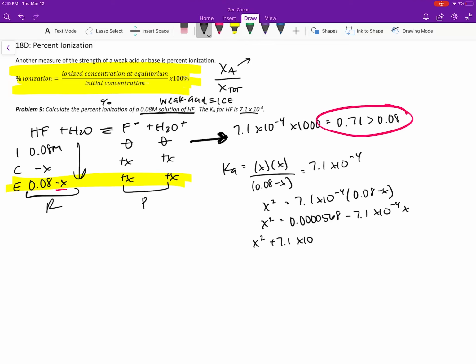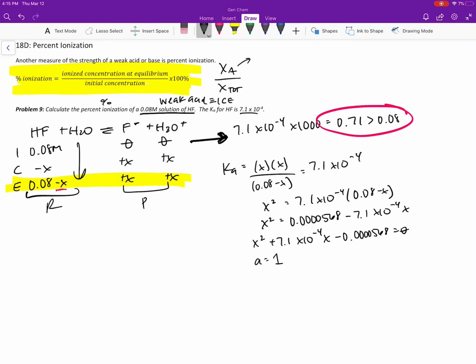Now I need to move everything either to the left or the right. I'm of the mindset I like fewer negative numbers, so I'm going to move everything to the left-hand side so that I have a positive x squared, a positive x, and only one negative value.